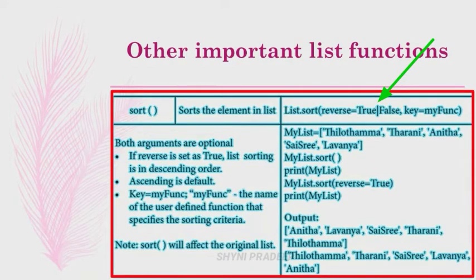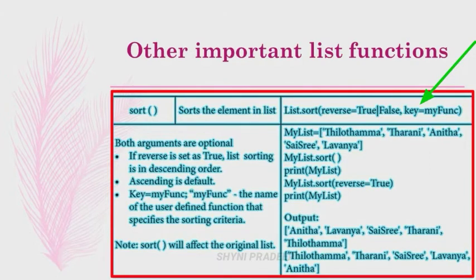Ascending order is the default order, so no need to specify it for ascending order. Key is equal to myfunc. Here myfunc is the name of a user-defined function that specifies the sorting criteria.